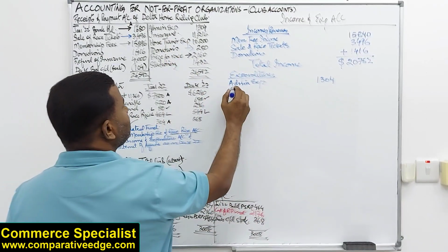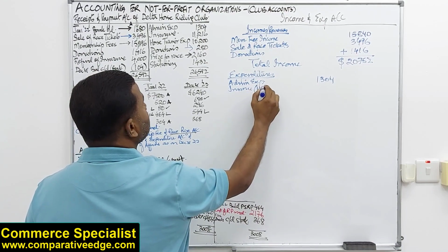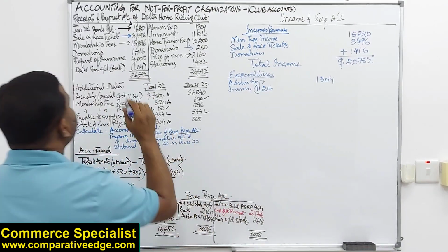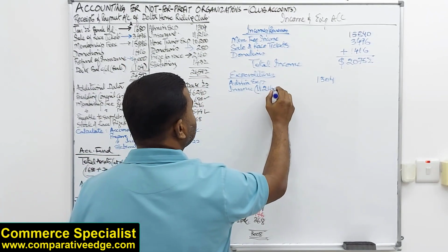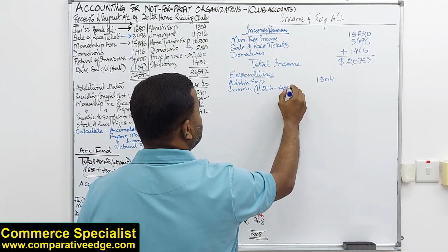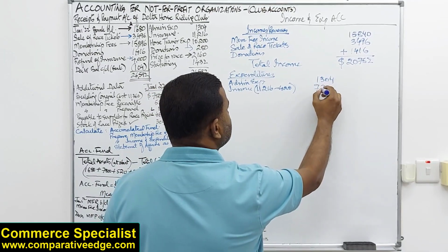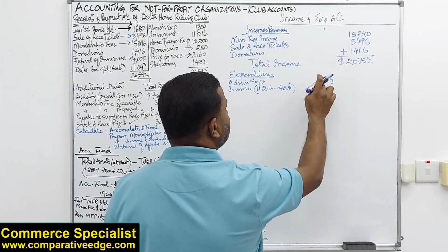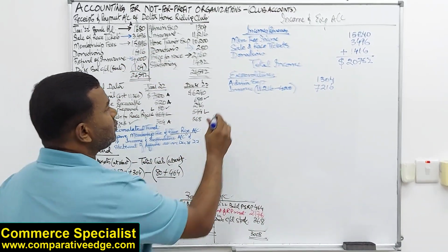Then we've got insurance, 11,216, but we also got some refund here, 4,000. So I'm going to subtract that 4,000 from here. That's the net insurance we paid, which comes to 7,216.